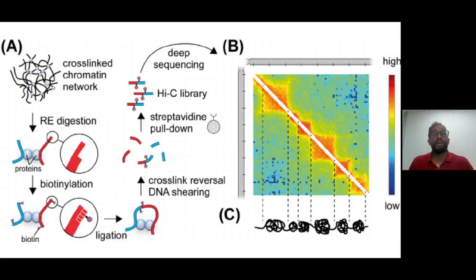And then the next step, which is the key step, is a ligation step, which will ligate together pairs of genome regions that are in close spatial proximity by creating a sort of chimeric product. These chimeric products are then sequenced and mapped to produce a long list of pairwise interactions genome-wide.